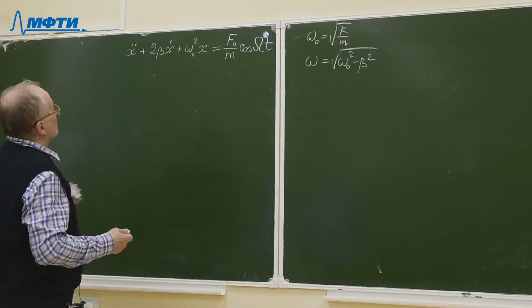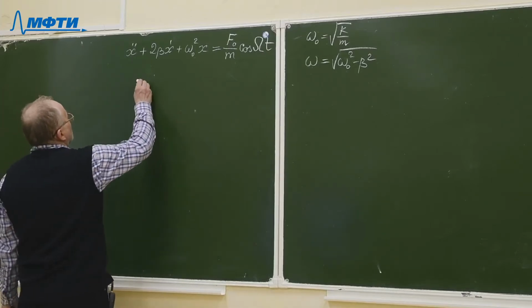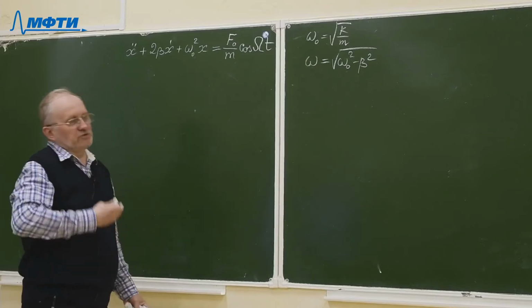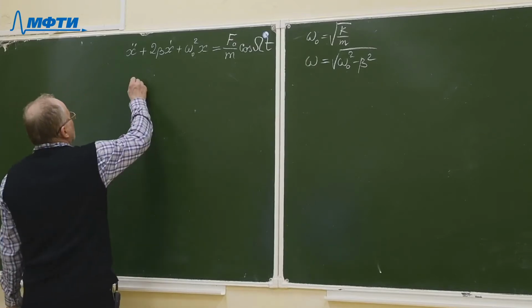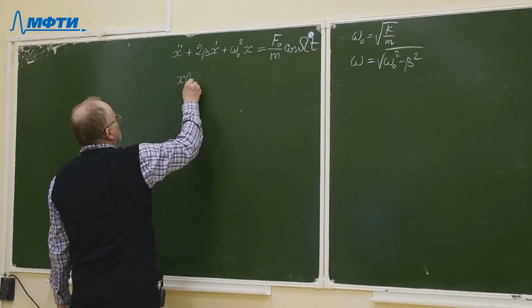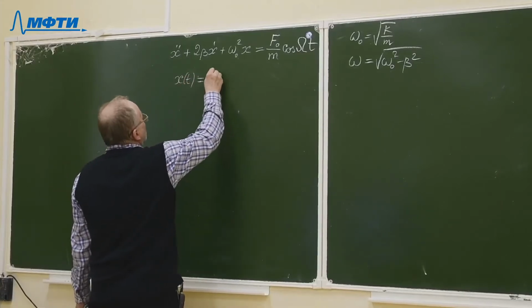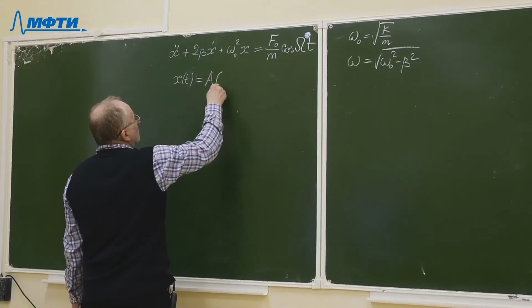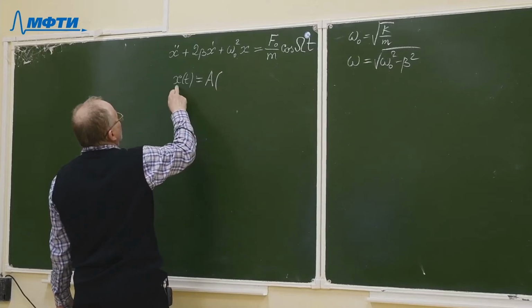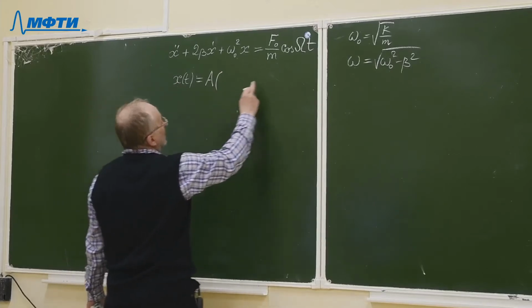So we have to find the solution, and from physical consideration, from intuition, we may be sure that the solution has this form. It will have some amplitude, amplitude of oscillations for the coordinate of oscillating system.